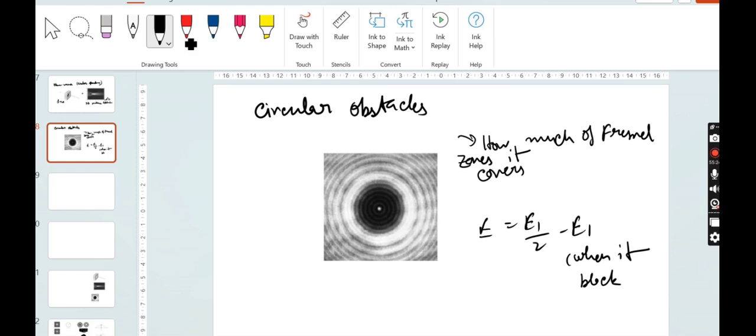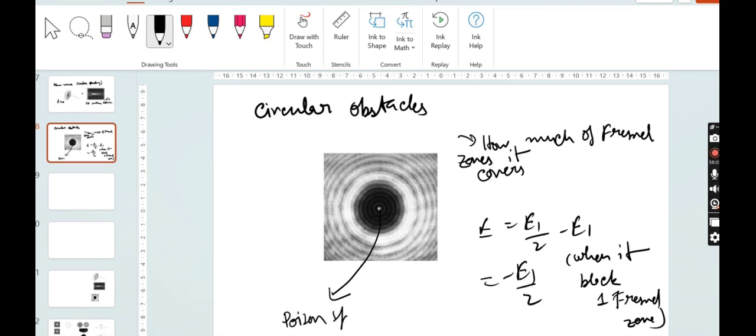So with 1 Fresnel zone covered, it becomes minus A1 by 2. And that gives you the Poisson spot.